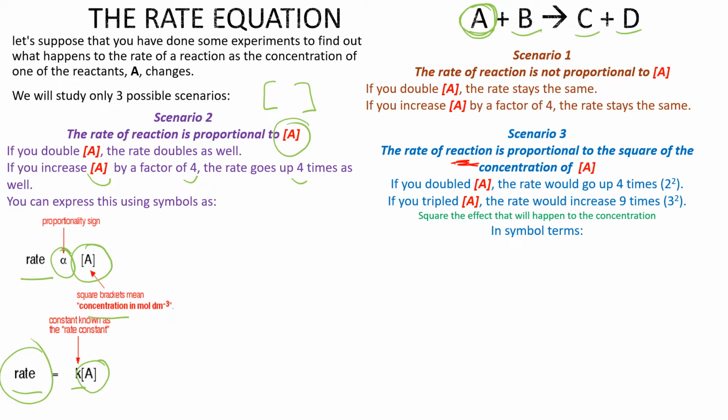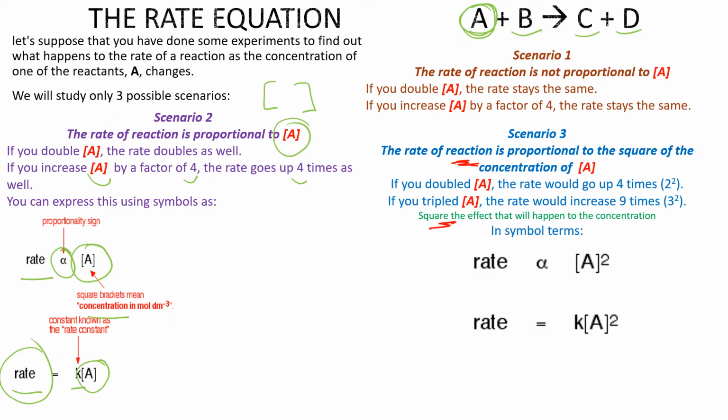When you triple the concentration of A, the rate would increase 9 times. What does 9 times mean? It is 3 to the power 2. So we can say that what will happen to the rate is the square of the effect that happens to the concentration.